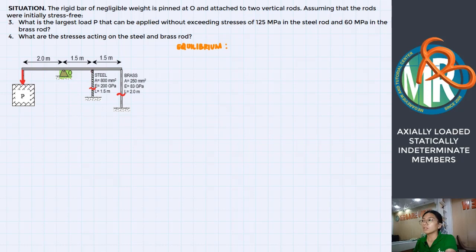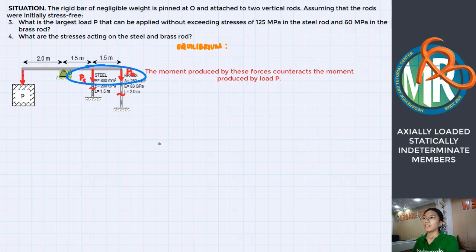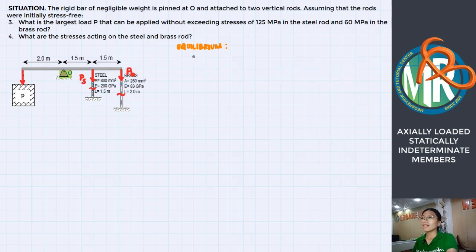Okay, such that yung force ng steel, that is specifically a tensile force, sa brass rod din is a tensile force. Tama? Tawagin natin yung force ng steel natin as PS, and then sa force naman ng brass natin is PB.